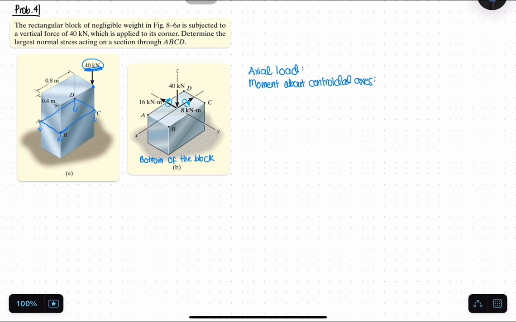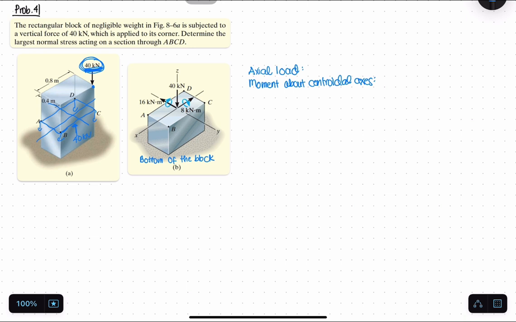Diba? Now, ang nangyari kasi dito, yung 40 kilonewton natin, same as the previous example, nandito siya sa corner. So, it's not actually an axial load. So, kung gusto natin kunin yung axial load, dito natin ilagay yung 40 kilonewton, diba? But kung dito natin siya ilalagay, we need to consider na yung original na nasa gilid pa yung 40 kilonewton natin, may ma-produce siya na moment.